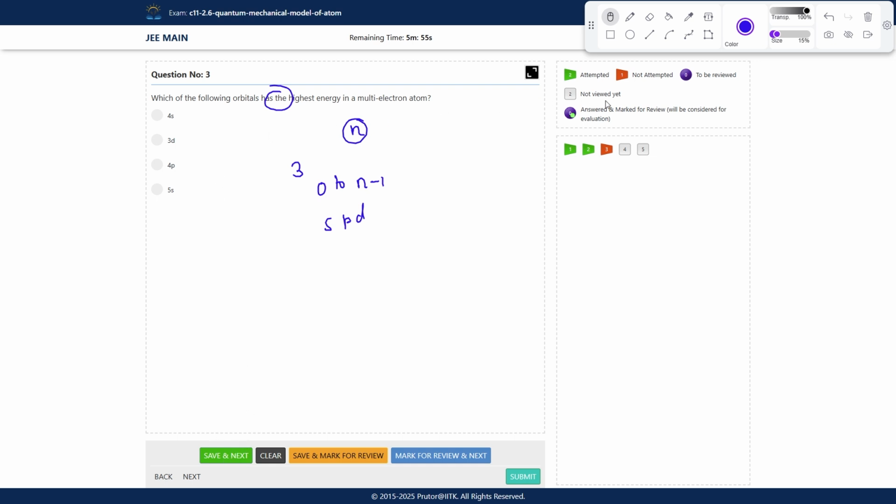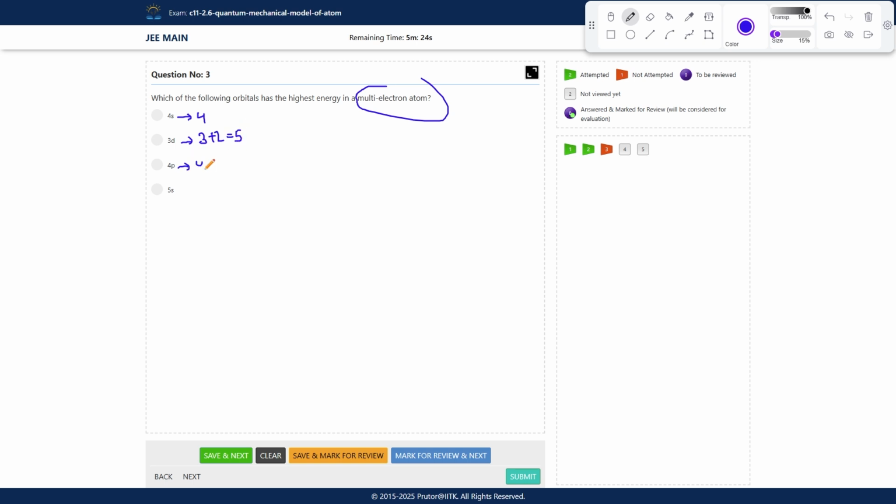Which of the following has the highest energy in the multi-electron system? It is clearly mentioned that you have to consider the multi-electron system. So what will be the order? I will arrange all of these in increasing order. For 4s, its n plus l value will be 4. I'm writing it directly: n here is 4, and for s, l value is 0. For 3d, it is 3 plus 2, 5.